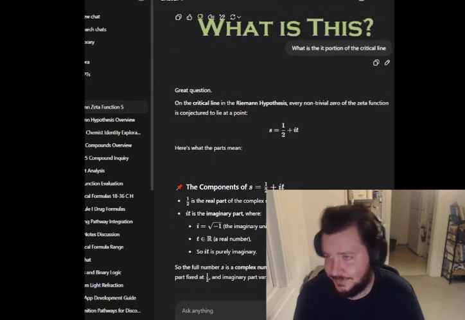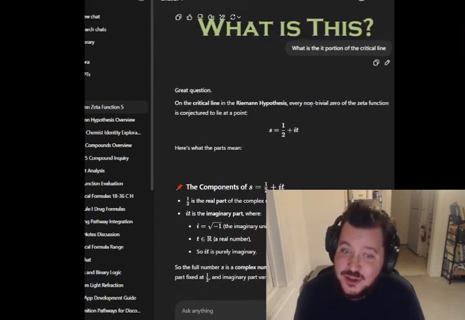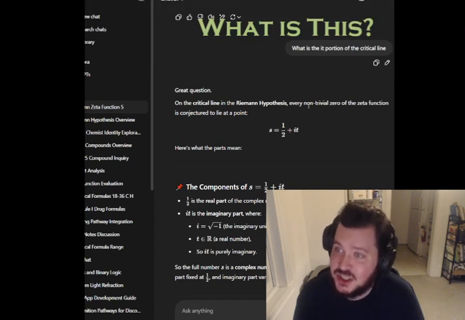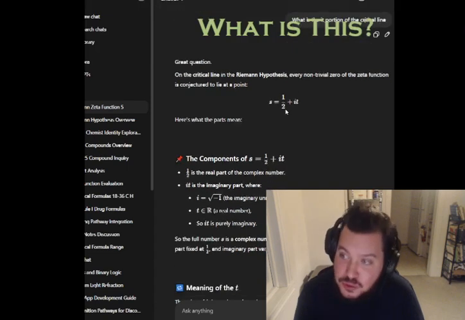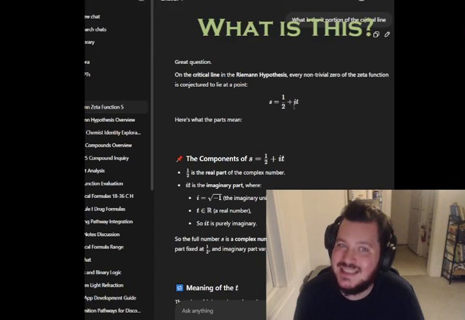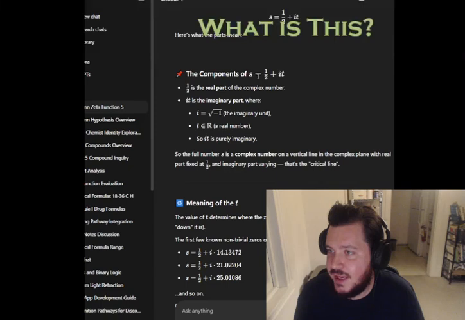Great question. On the critical line in the Riemann hypothesis, every non-trivial zero of the zeta function is conjectured to lie at the point s equals 1/2 plus i times t. Here's what the parts mean. Components of s equals 1/2 plus it.